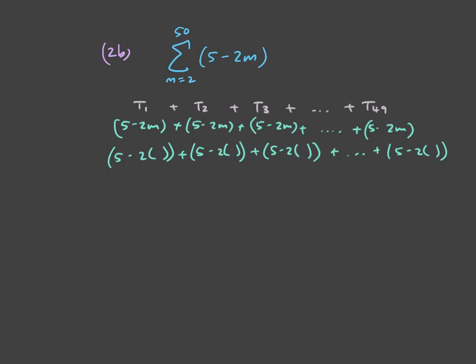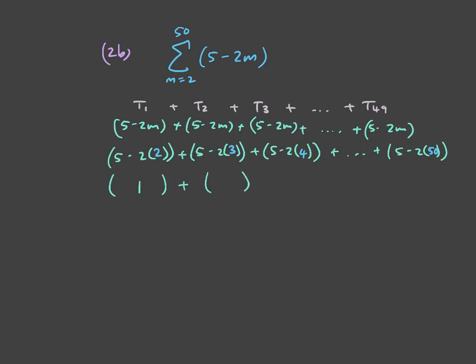The bottom counter, in this case, starts at 2. We're going to substitute 2 in there, and then 3, and then 4, and then 5, and 6, and 7, and 8. Get the idea, until you get to 50. Alright, so let's go for it. So it's 5 times 2 minus 2 is 5 minus 4, which is equal to 1.